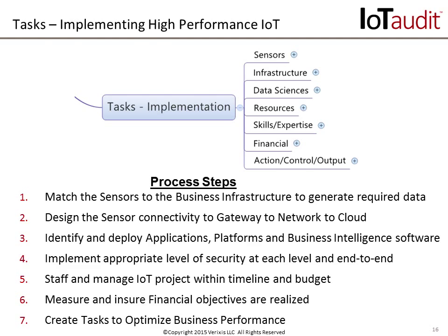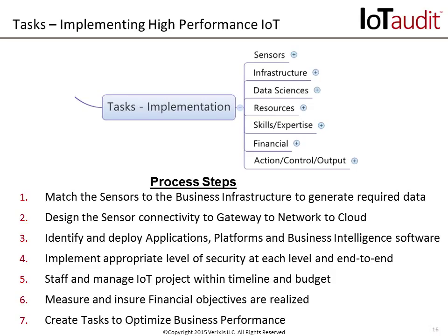Again, that could be broadband through your enterprise network, or it could be wireless connectivity using cellular networks to your cloud service. Number 3 is identify and deploy the applications, platforms, and business intelligence software either in the cloud or in your enterprise. Then you're going to implement the appropriate level of security at each level and overall end-to-end.